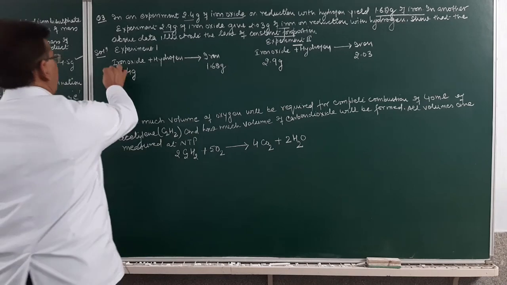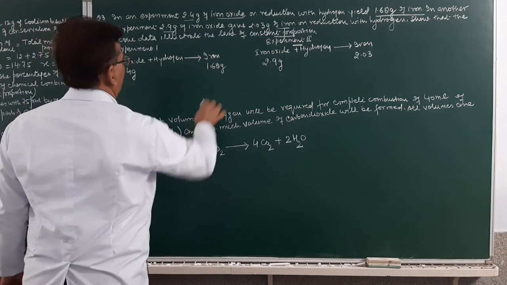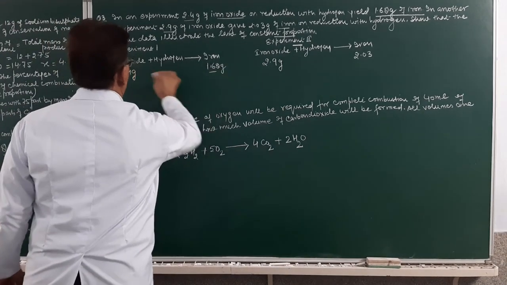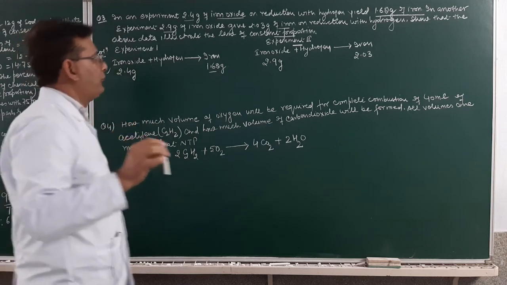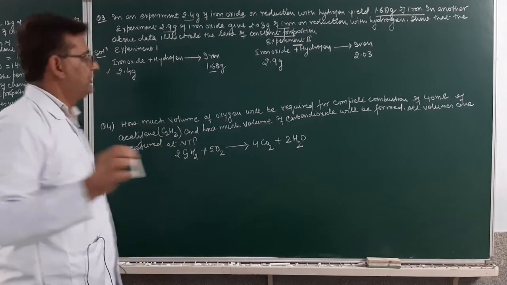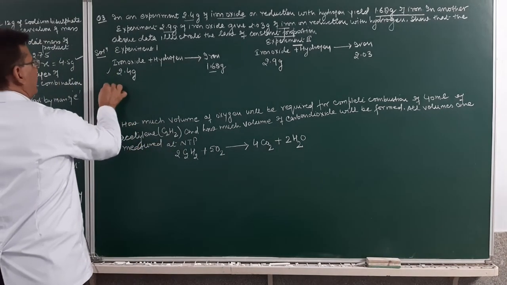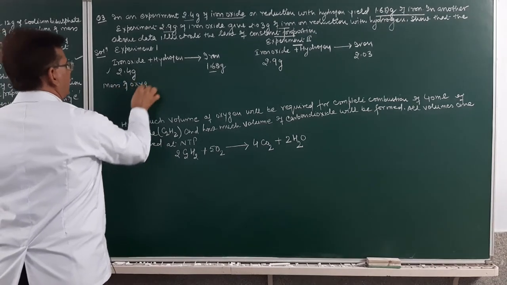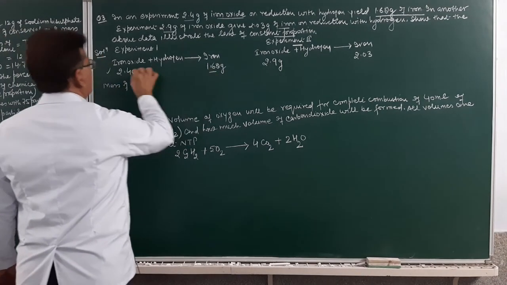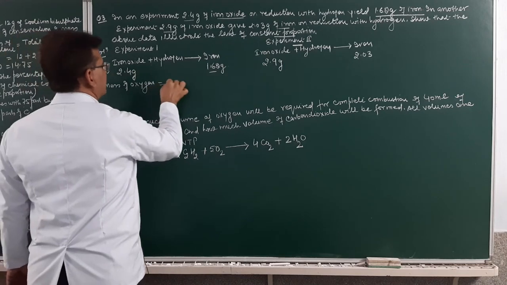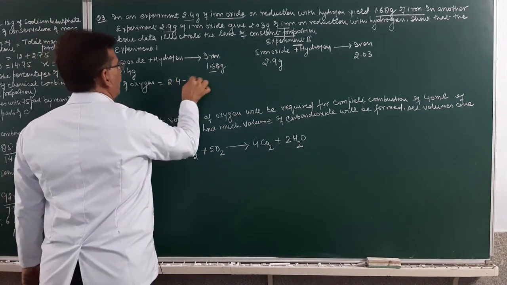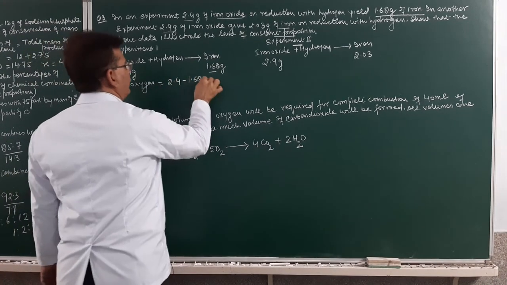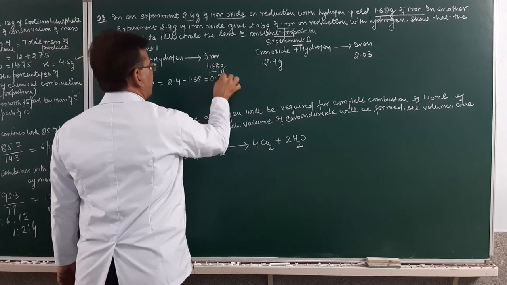What is the mass of iron oxide over here? 2.4. What is the mass of iron? 1.68. So find out the mass of oxygen. What will be the mass of oxygen? Iron oxide mass minus 1.68. This will be equal to 0.72 gram.